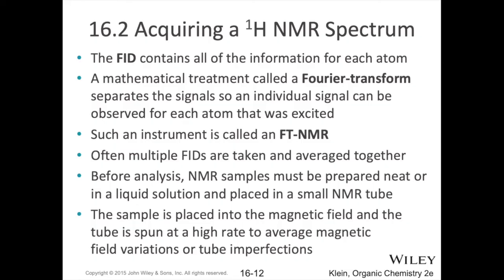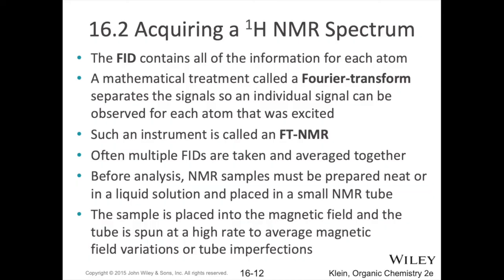All right. Now, one signal by itself, just one of these FIDs, usually isn't enough. You usually get very bad resolution in data that way, and you can't be very sure of your data. So typically, the machine runs multiple of these and averages them out, so you get a much clearer picture.